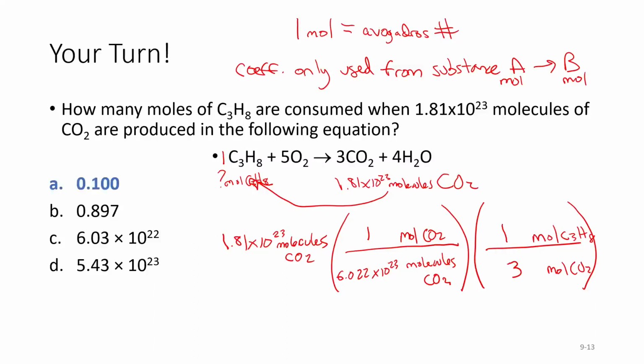I get 0.100. If you do not use parentheses, it's going to mess up your order of operations and give you the wrong answer. So remember, anytime that you're inputting a number in scientific notation into a calculator, you need to put parentheses around it.